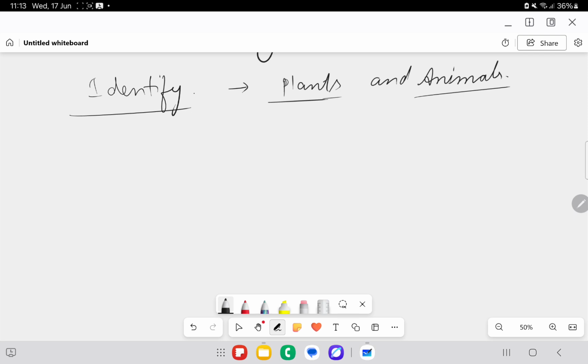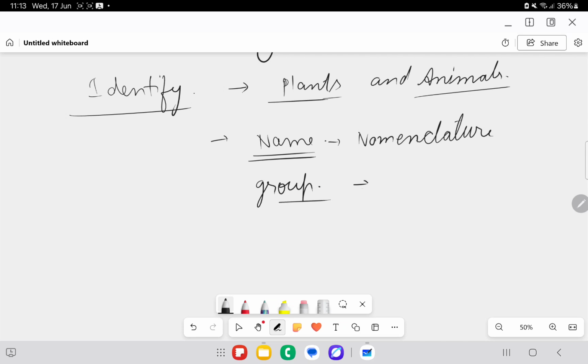So to classify them, to organize them in a proper way, scientists give them a scientific name. Naming the identified plant and animal species is known as nomenclature, and putting them in a proper group or taxa is known as classification.